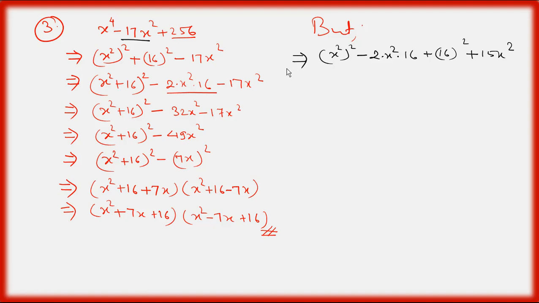Let me check, dear students, I have not completed this step, just for knowledge I have explained it this way. (x²)² is x⁴, and 16² is 256, 2ab is 2·x²·16, which is 32x², in minus. But in our condition we are given only 17, so we need to add 15x². If we try in this way, the problem can't be solved. This is not the best way.